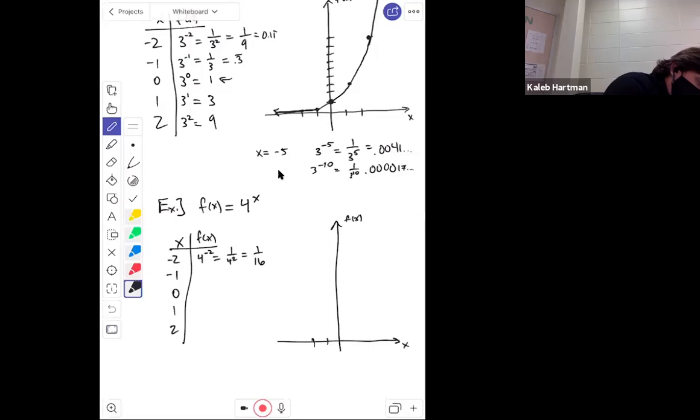Which is, again, just really close to 0. We plug in -1, we're at 1 over 4, which is 0.25. So maybe try to go a little higher there. Anything to the power of 0 is 1. 4 to the first is 4.